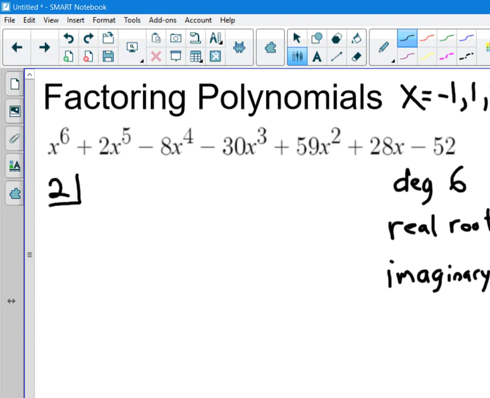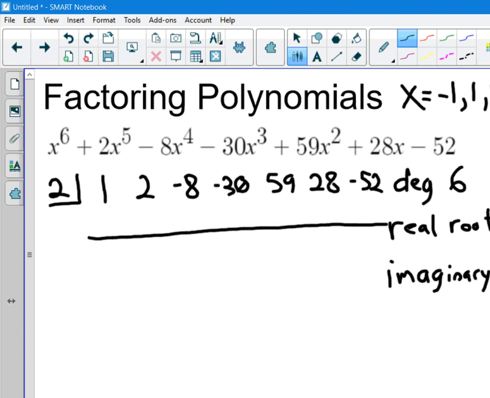So there is 2. It's 1 to the 6th, 2 to the 5th, negative 8 to the 4th, negative 30x cubed, positive 59x squared, 28x, and minus 52. And hopefully we'll get a remainder of 0. Bring down the 1. Times 2 is 2. That is 4.